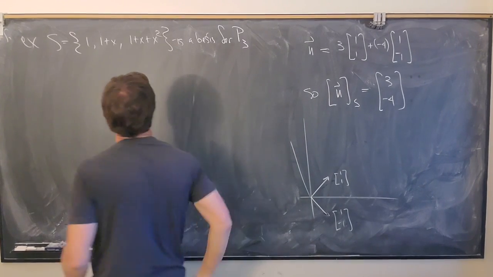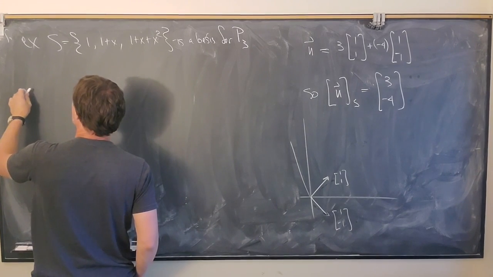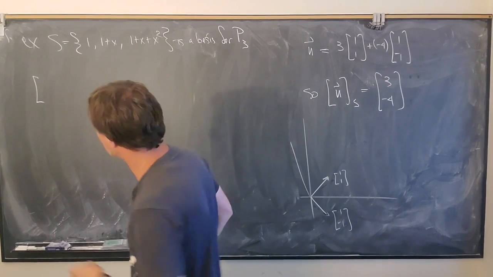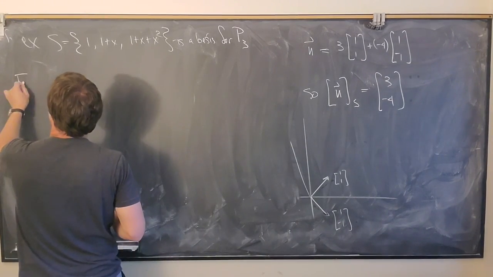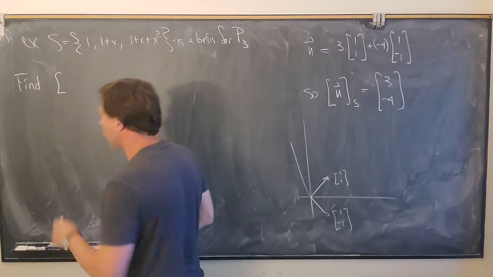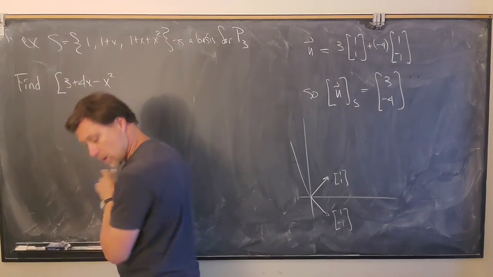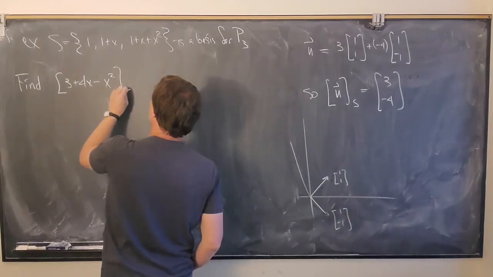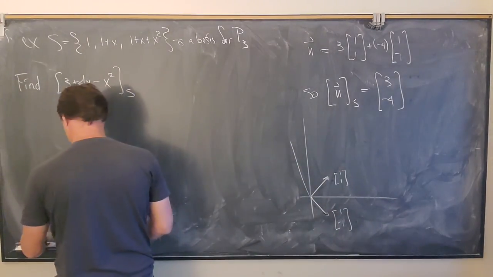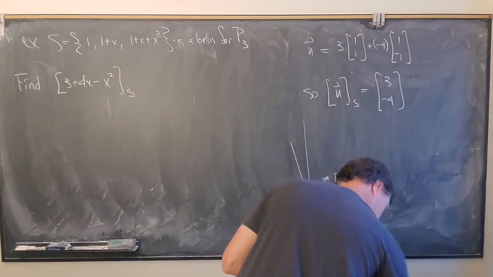Now what I want to do is find the coordinates for a particular polynomial. So let's say find the coordinates for the polynomial 3 plus 4x minus x squared, sub S. The solution then is to express this polynomial as a linear combination of those 3 right there.